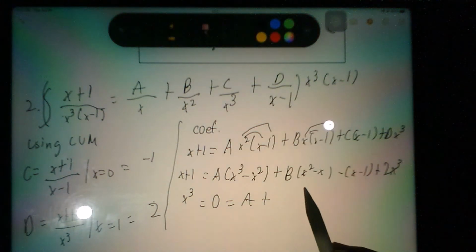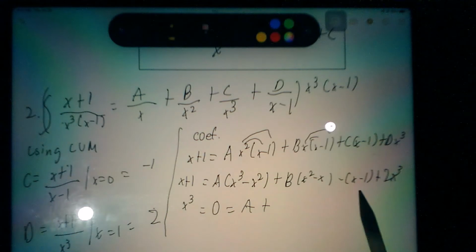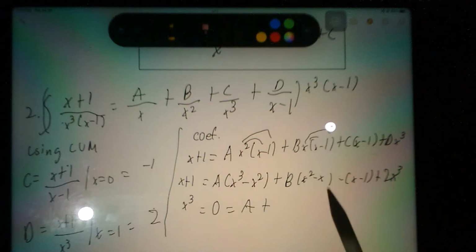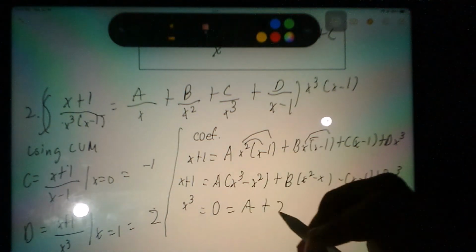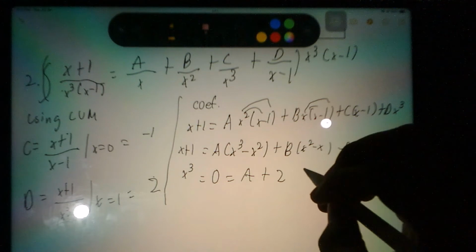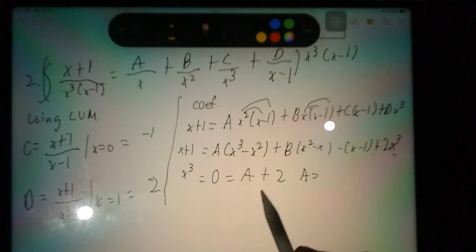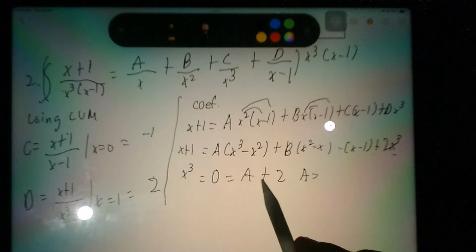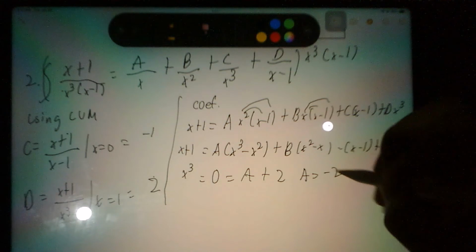Is x cubed found here? No, let's leave it out. Is x cubed found here? No, let's also leave it out. Is x cubed found here? Yes, that is plus 2. So a must be equal to 0: negative 2 plus 2 is 0, so a here is negative 2.